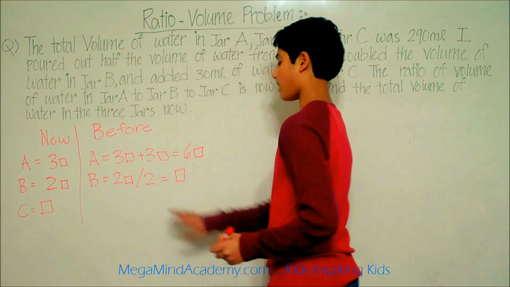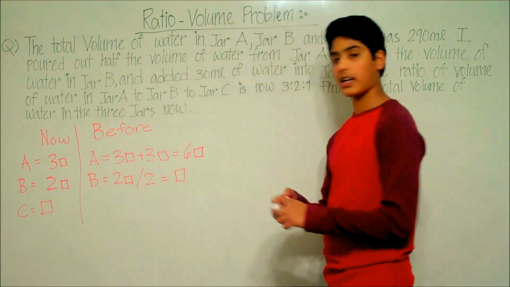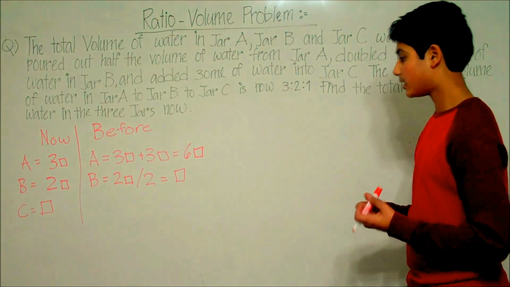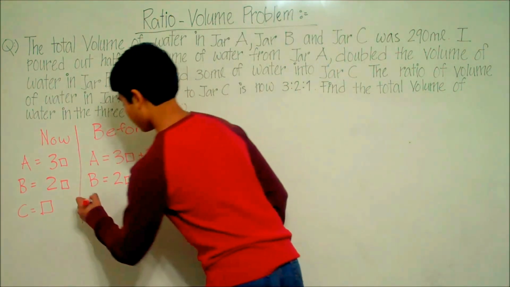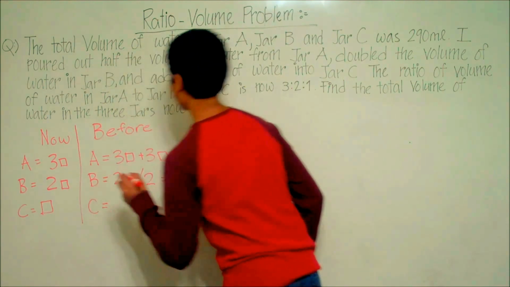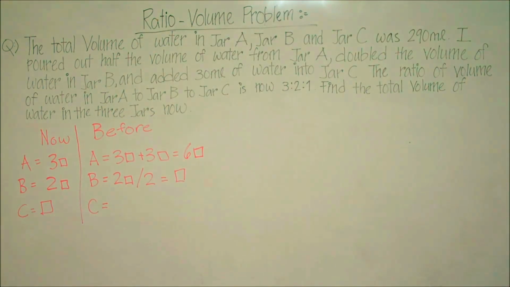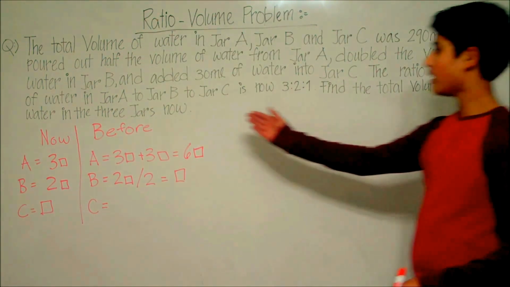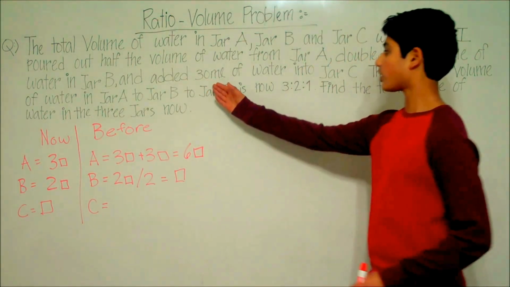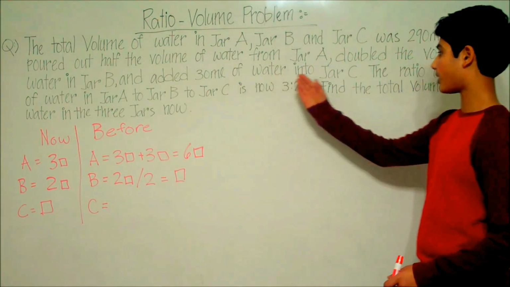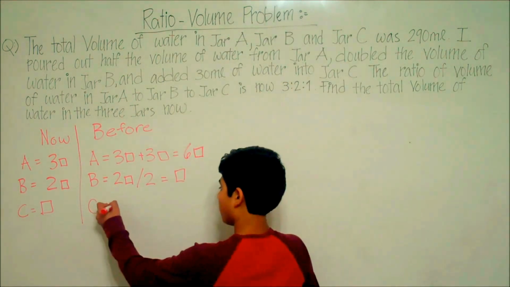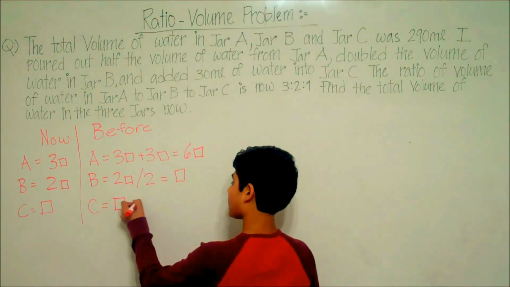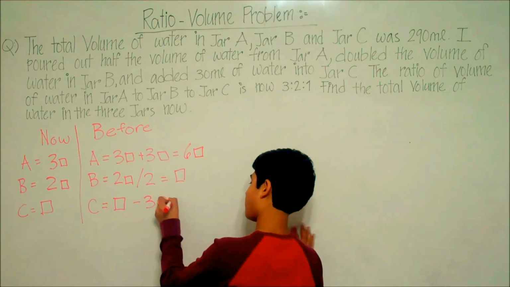And the reason we divide by 2 is because he doubled the amount of water in jar B. And in jar C, I added 30 milliliters of water into jar C. So it is equal to 1 unit minus 30 milliliters.